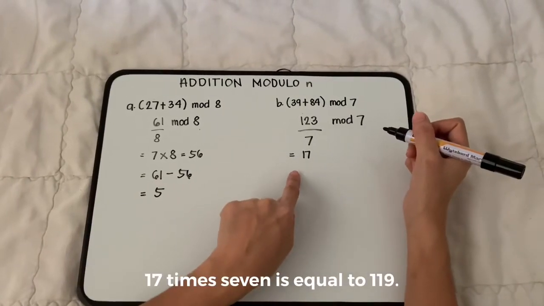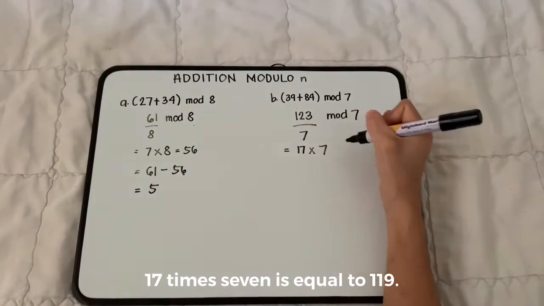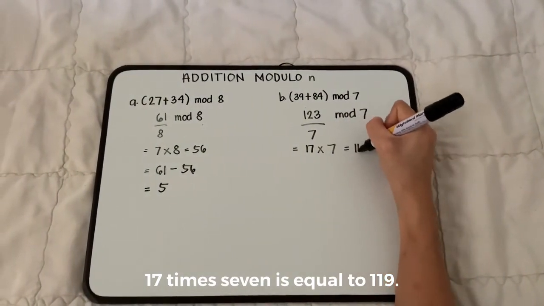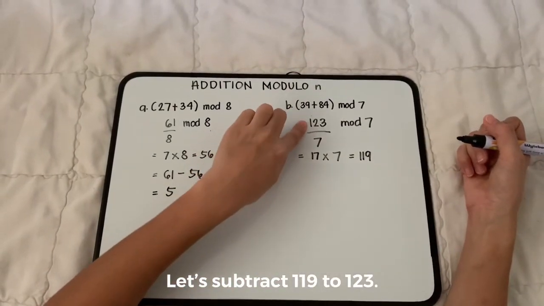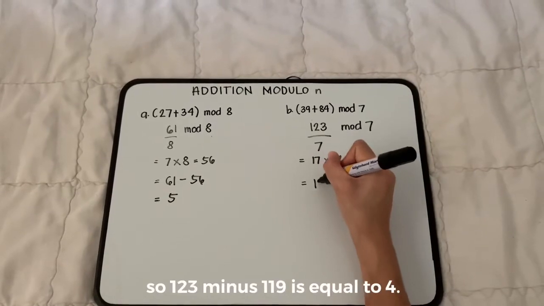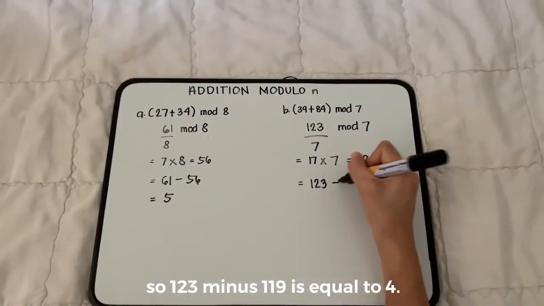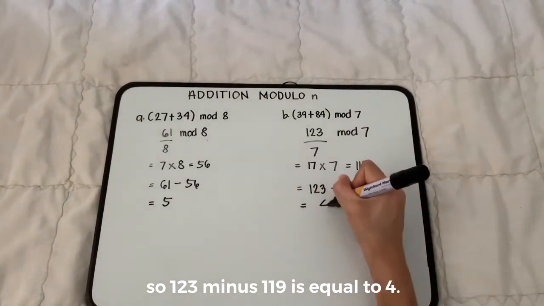So 17 times 7 is equal to 119, and again let's subtract 119 from 123. So 123 minus 119 is equal to 4.